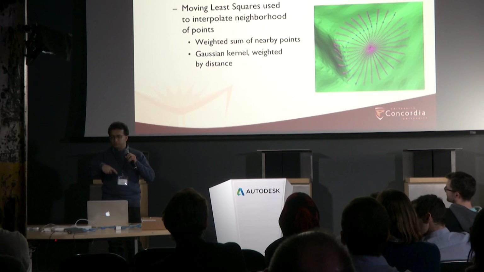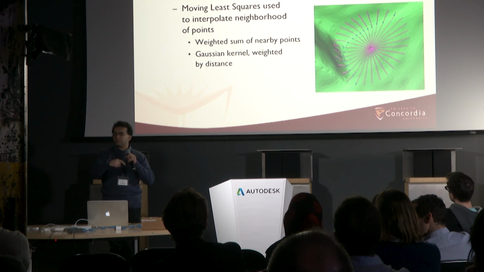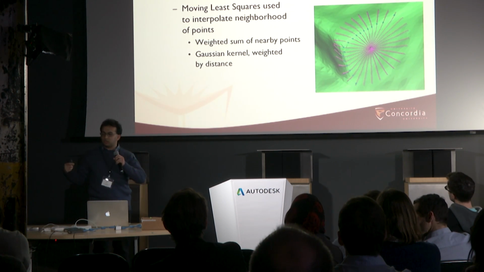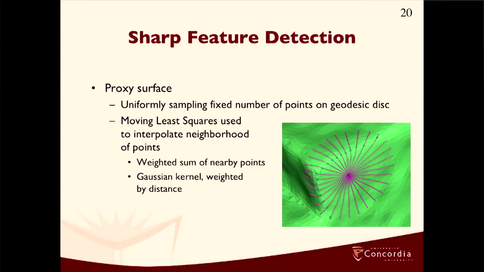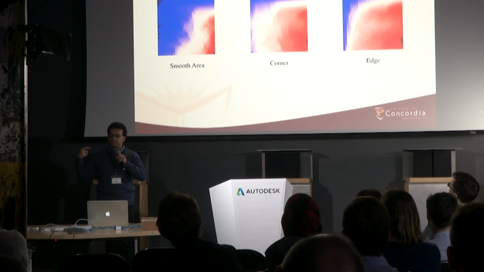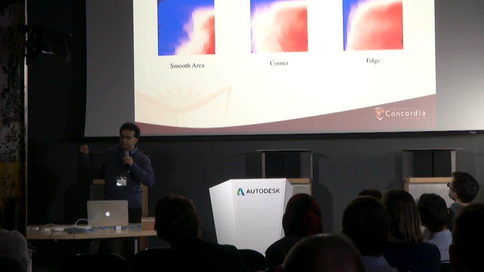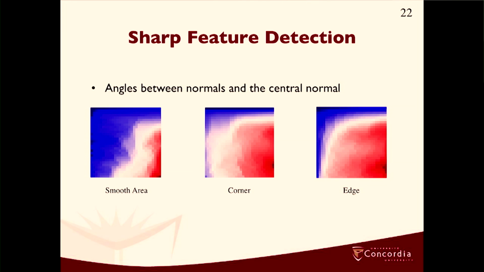The way we do it is by using an interpolation technique called moving least squares to interpolate the neighborhood of the point cloud. And in case anyone is wondering why I appear to be showing you a mesh, that is just for visualization. We're actually operating only on the points. This is an example of a feature you could define on this geodesic disk, the point sample on it, like the angle between the normals at those points and the central normal.